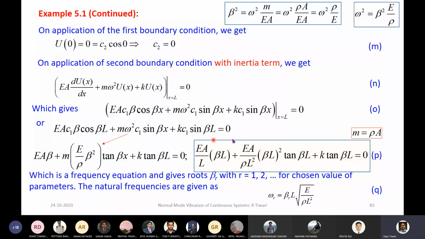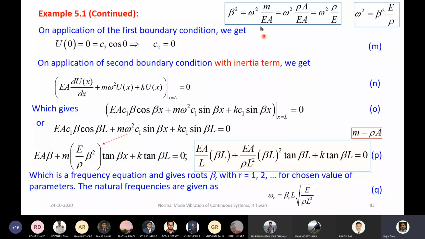This is a more complex frequency equation in which we need to solve for beta L. This is a transcendental equation. Once we have various solutions of this, this relationship can be used to get the natural frequency.